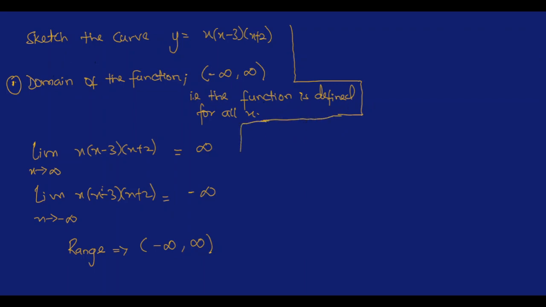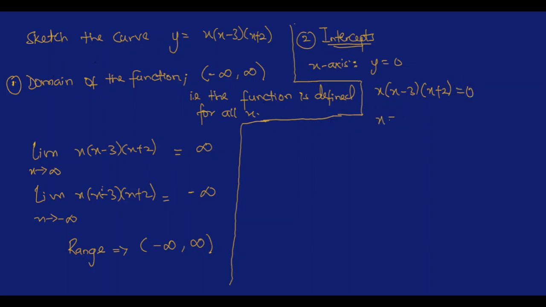The next thing we want to do is to obtain the intercepts on both axes. For the x-axis, we'll set y equal to 0. So setting y equal to 0, we have x multiplied by x minus 3 multiplied by x plus 2 equal to 0.